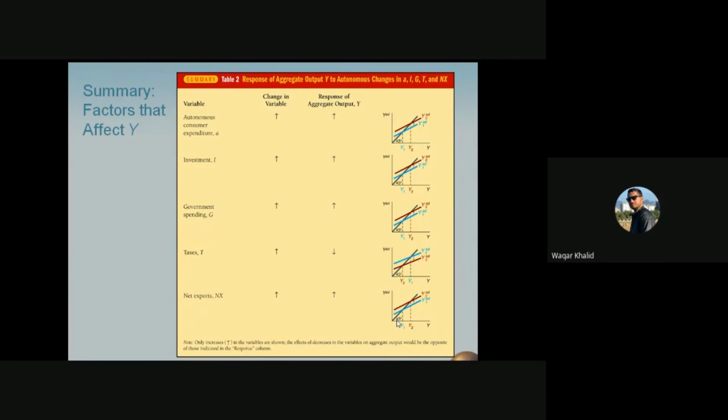It is hoped that now you have a very clear idea about the relationship between these variables and the aggregate output, that how each and every component of the aggregate demand affects the aggregate demand itself, and then how these components affect the aggregate output in an economy.